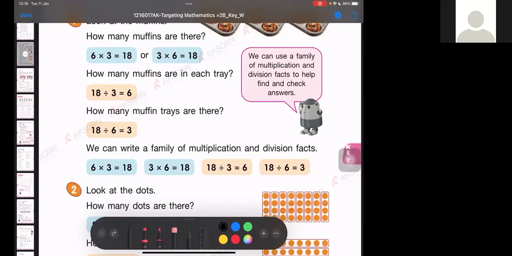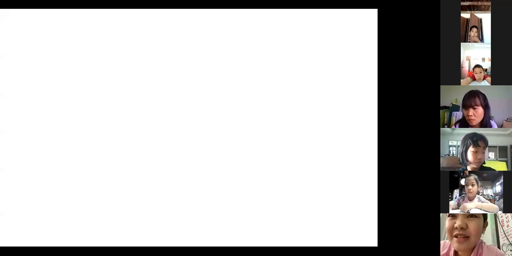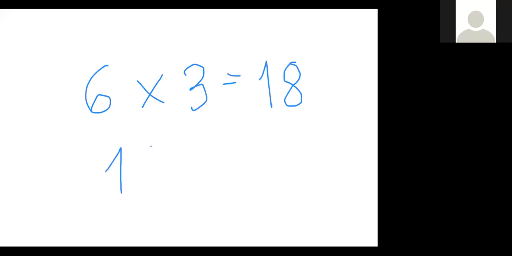Did you understand? Yes. Okay, so now I have here another example. You look at here. So now, this is the muffin side. So we have 6 times 3 equals 18, right? Yes or no? So to know the answer, we're going to divide 18. 18 divided by 3.